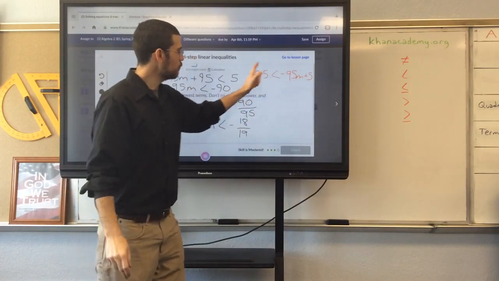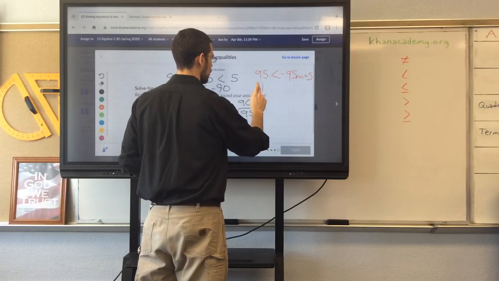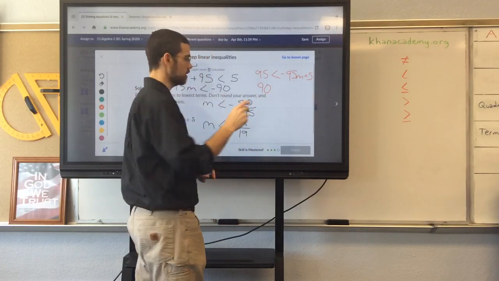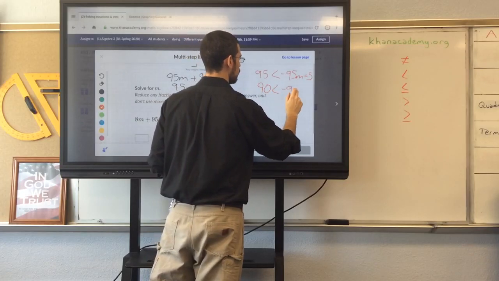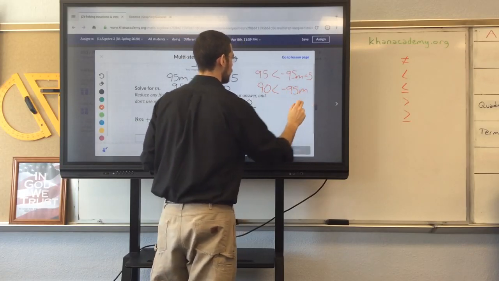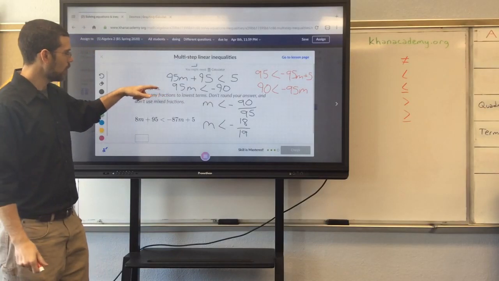If we subtract 5 from both sides of the inequality, I should say, not equation, it's an inequality, I would get 90 is less than negative 95m.